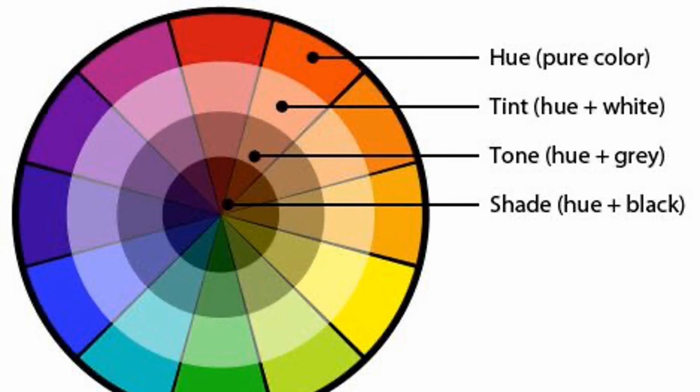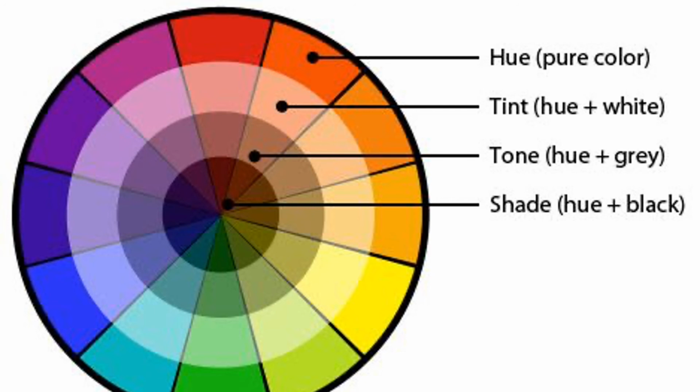And then again, to go back, I mentioned this early on, but thinking about what a color is, if I say orange, that is a hue. But within orange, there are different colors of orange itself. If we want a tint of orange, we're going to use orange plus white. A tone is going to be that color plus gray.